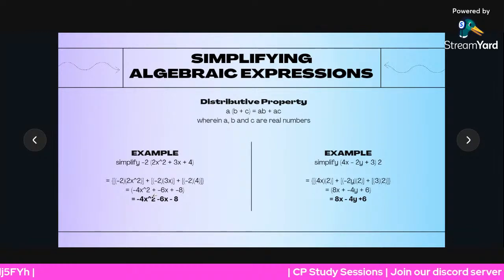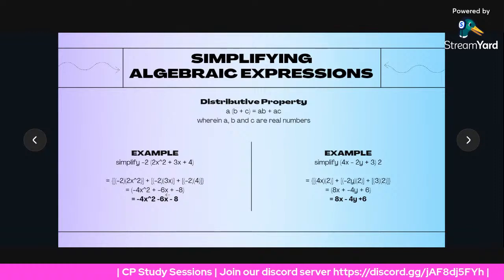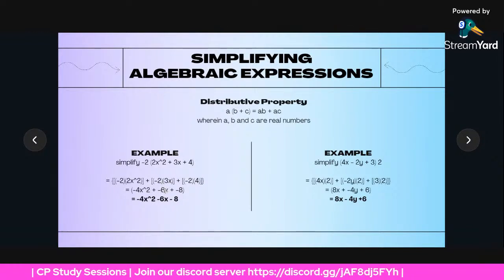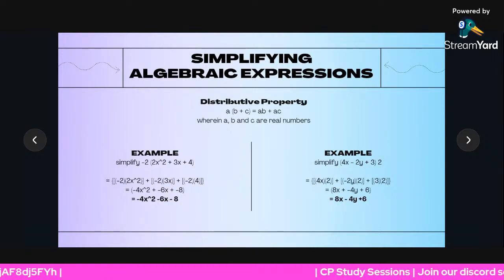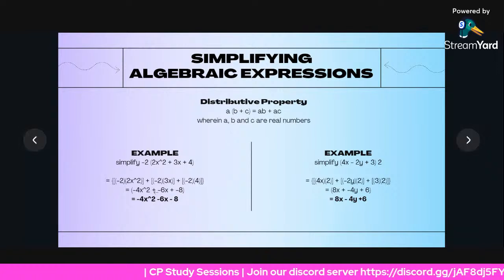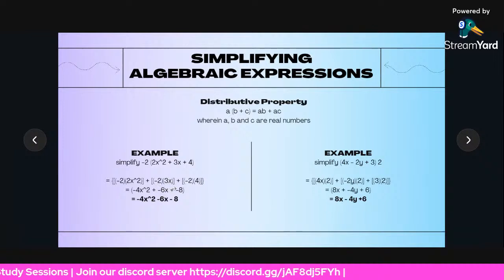So, para iwasan yung nakakalitong ganito na may addition na may negative sign ka pa, i-distribute mo naman ngayon or ipagmumultiply mo naman ngayon is yung symbols. Positive 'to, tapos negative yung symbol ng 6x.